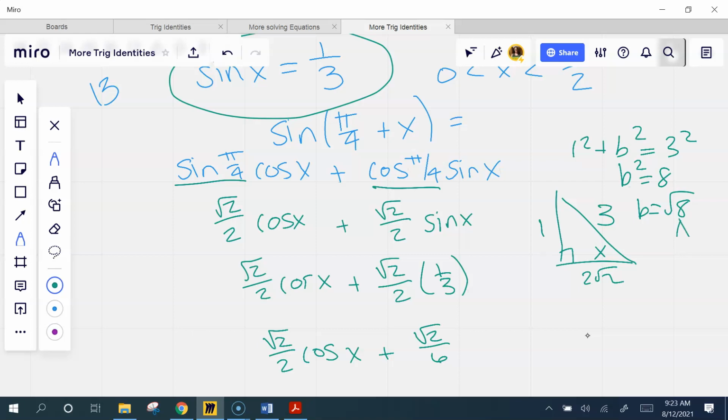Remember when we simplified radicals? Because I need the cosine of x. Cosine is adjacent over hypotenuse. This is adjacent. So by forming this triangle, I found the cosine value.